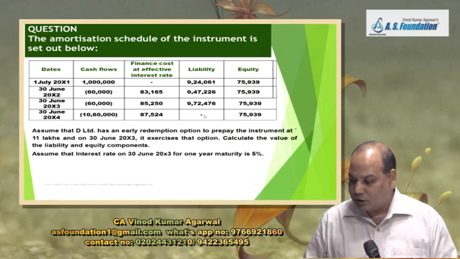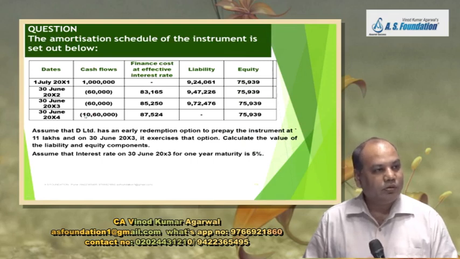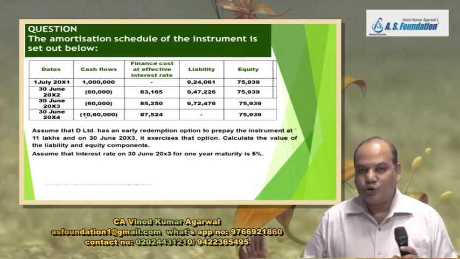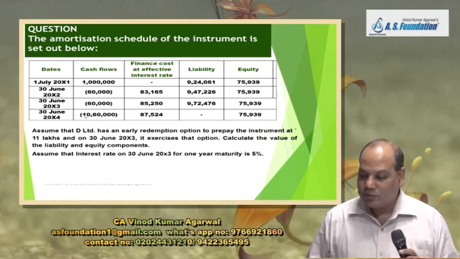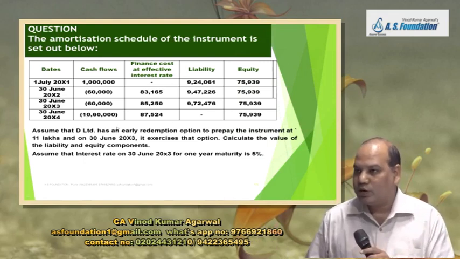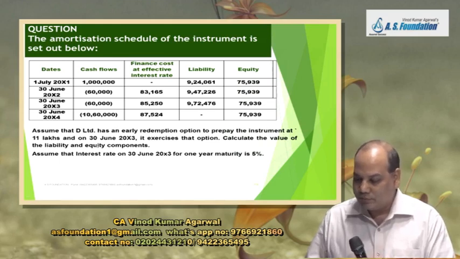Balance in liability becomes zero. Equity is not changing. This is your original schedule. If things would have moved as per the original plan, this is how the liability account would have moved over the 3-year period.